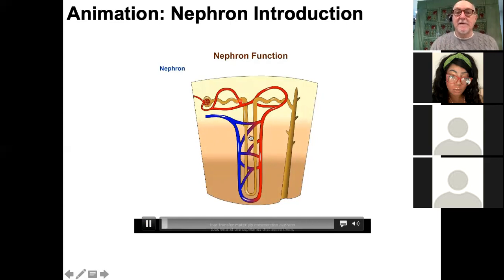Okay, he's just saying it's exchange between this and the blood system. We're going to look at filtration, secretion, and reabsorption. These are the nephron tubules. These are the blood vessels. That's concentration, the solutes increase in concentration from there to there.